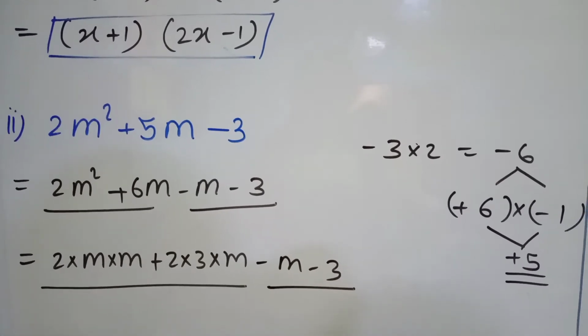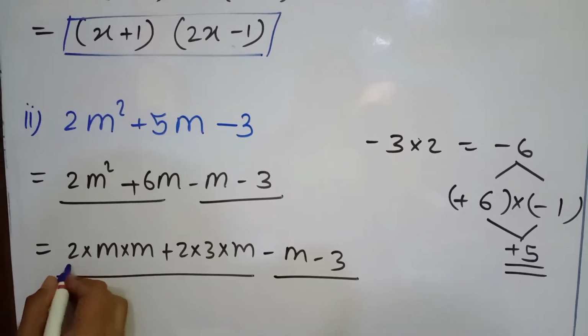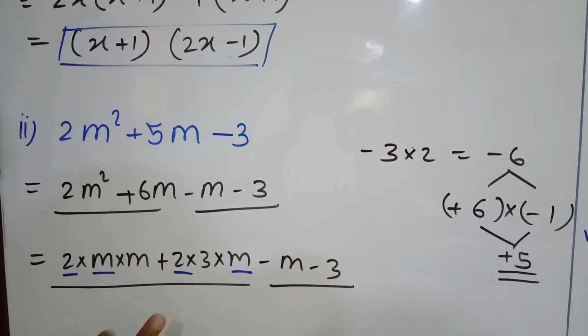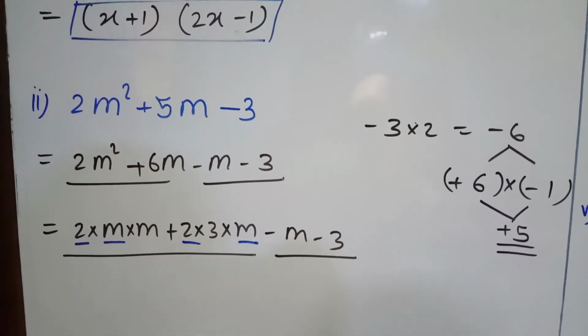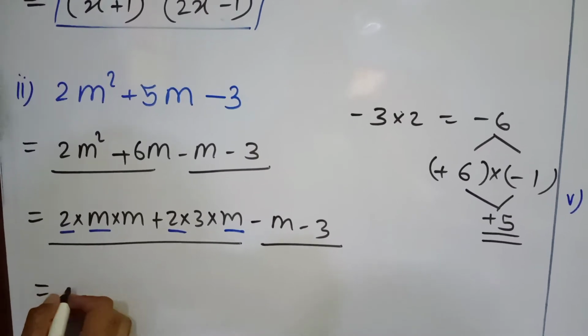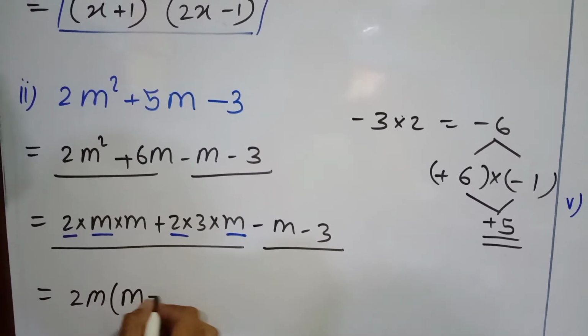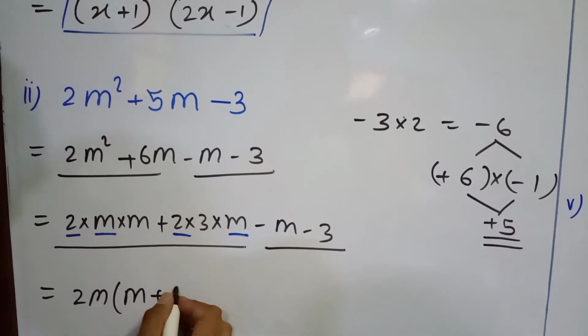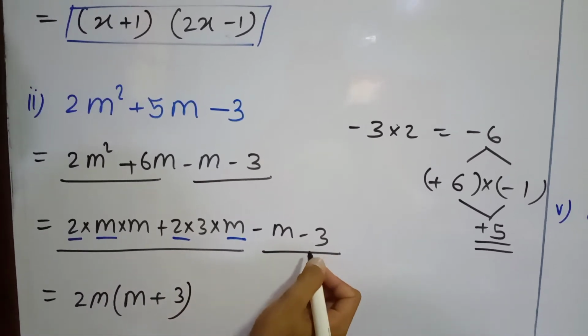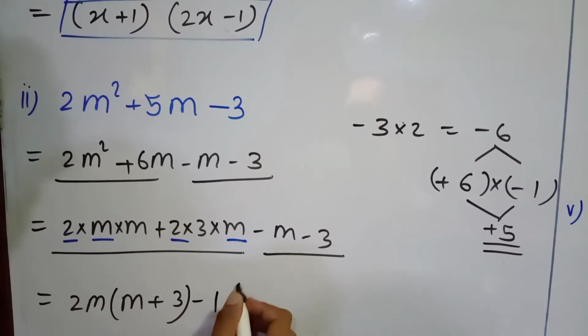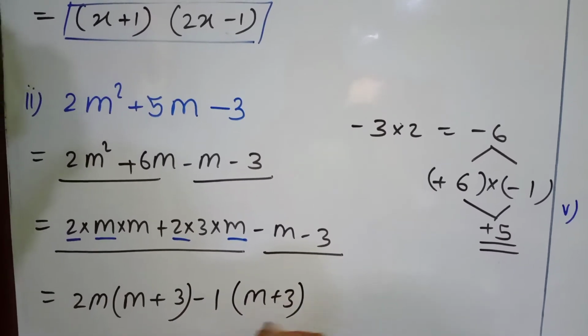Second one, let's take the common factor. You can see 2, we have m, do we have anything else? No. So in the next line we write 2 into m is 2m. What remains? m plus 3. In the second one again nothing is there, means 1, and we take minus as common, so m plus 3 remains.